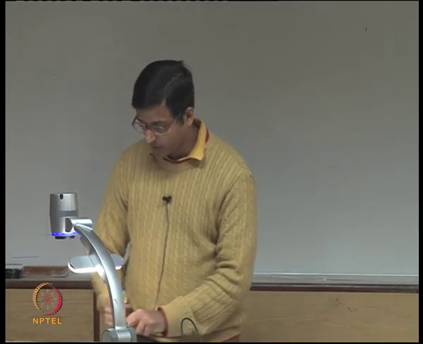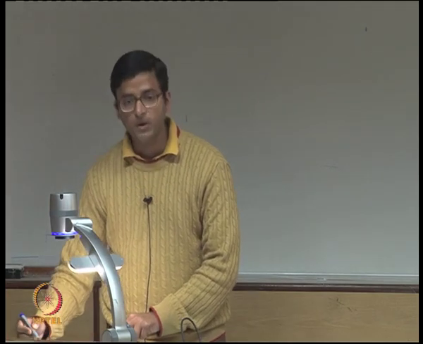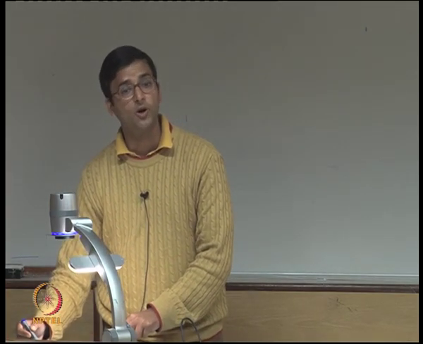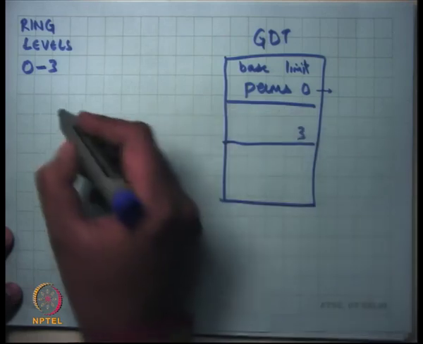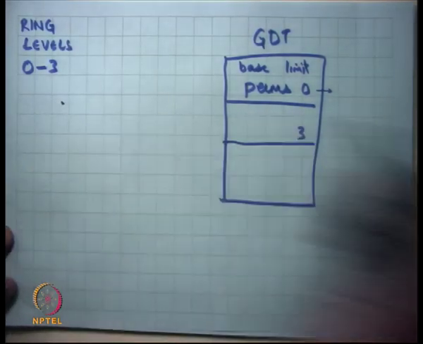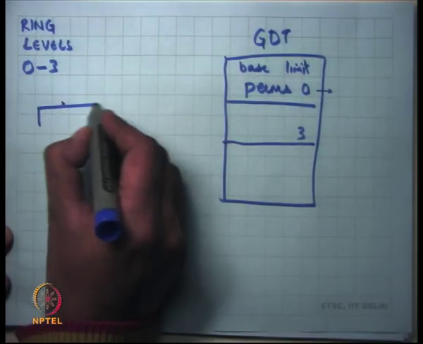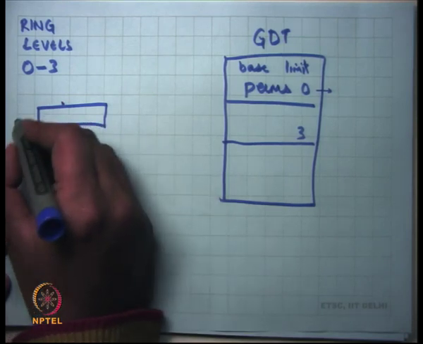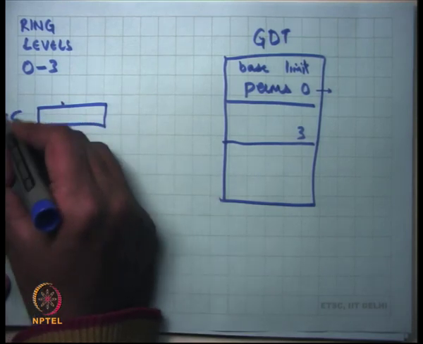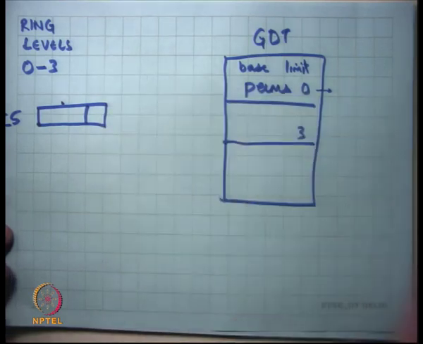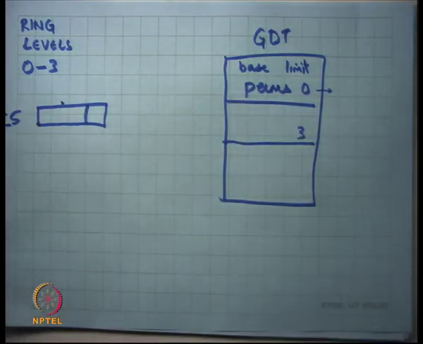So what that means is that an OS can map some of its address space always in the GDT. And by the way, how does the processor know which privilege level I am running in? The last 2 bits of the CS register store which privilege level I am running in. Also, we said that a process cannot just lower its privilege level.